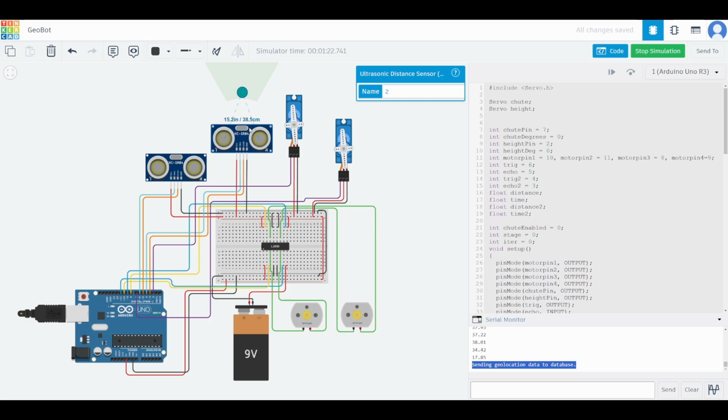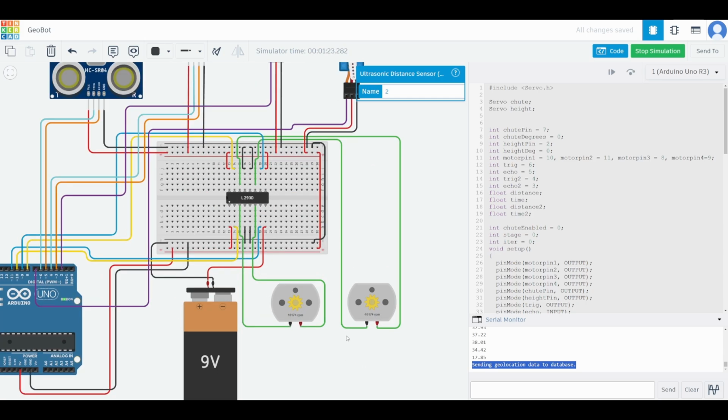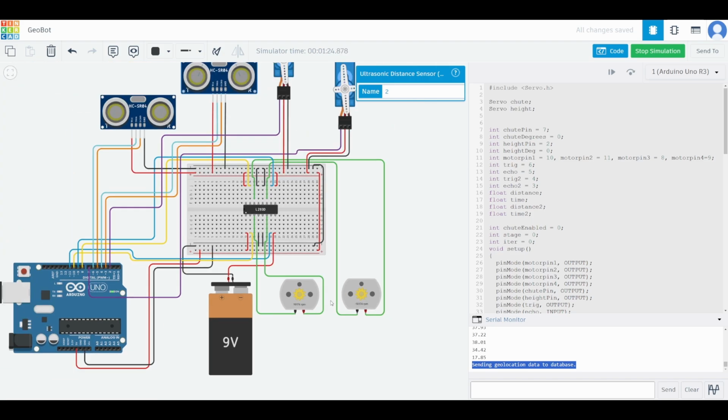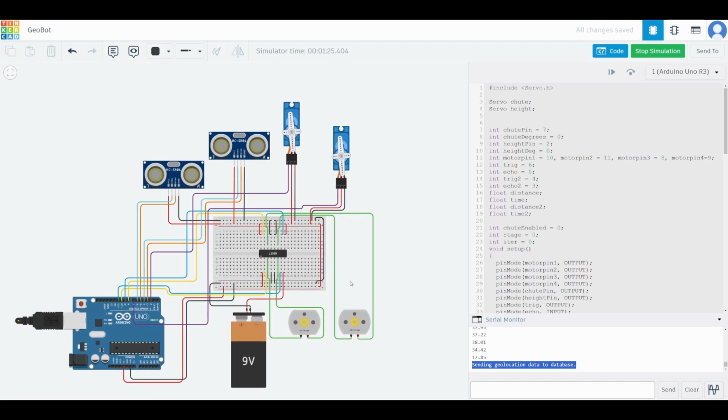Once that is done, the motors start spinning backwards to move out of the way of the object that we encountered, and then the camera servo goes back to 0.